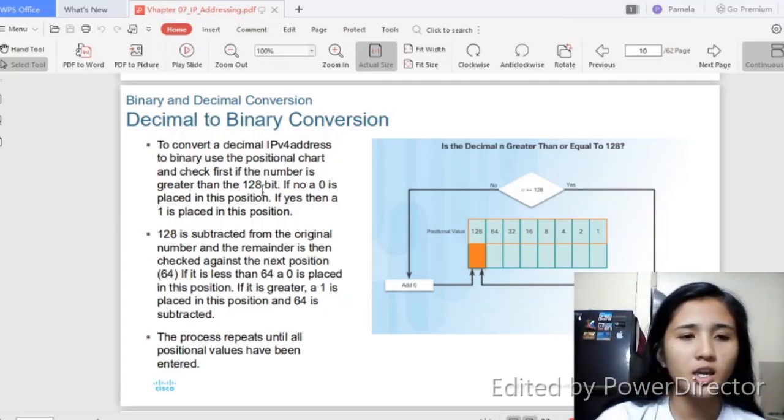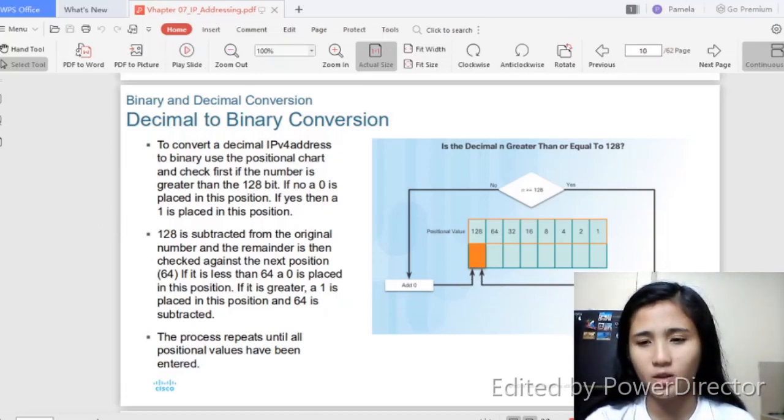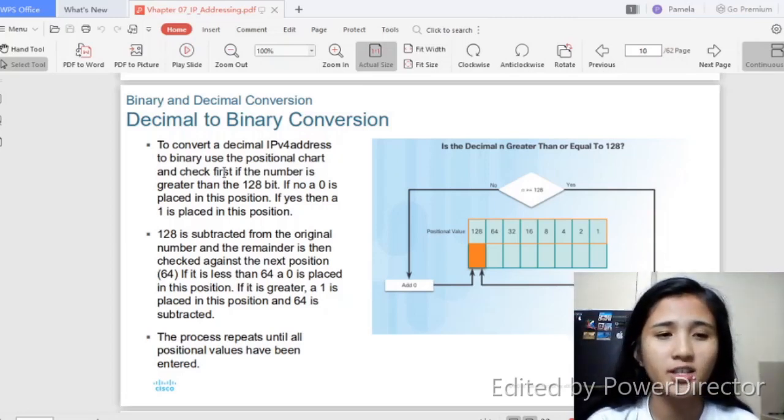So here is the decimal to binary conversion. It's always add 0, then add 1. Then to convert a decimal IPv4 address to binary, use the positional chart and check first if the number is greater than the 128 bit. If no, a 0 is placed in the position.